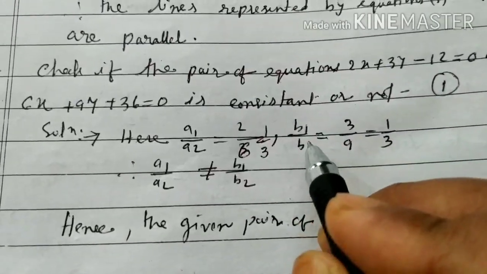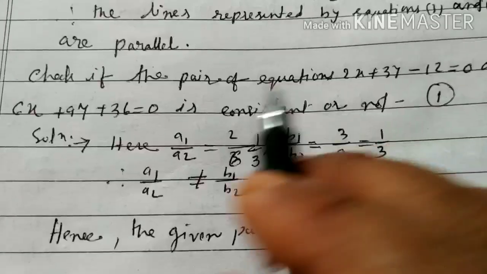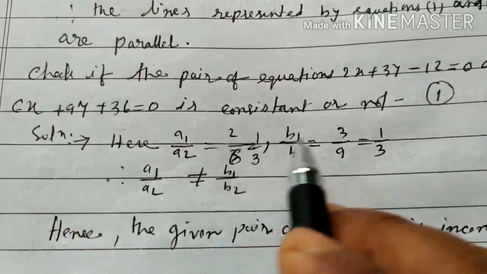And then b1 by b2, 3 divided by 9, which is 1 by 3.